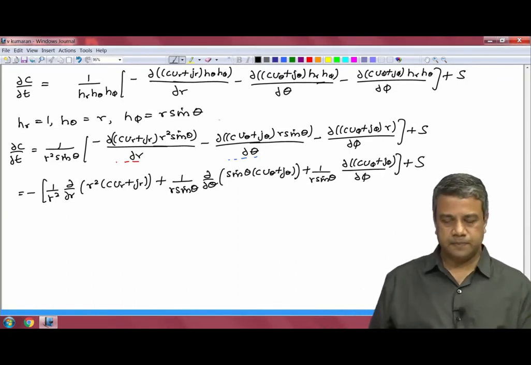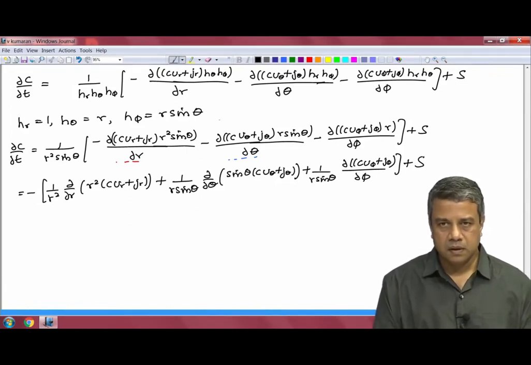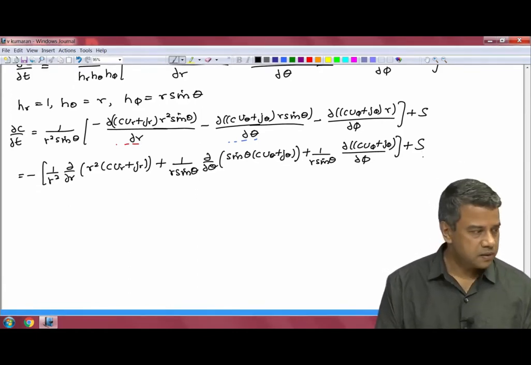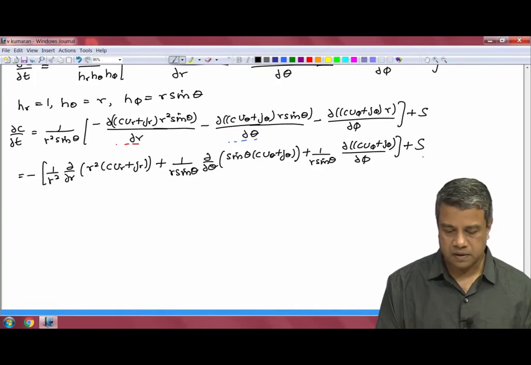Plus s. That is the conservation equation in a spherical coordinate system.